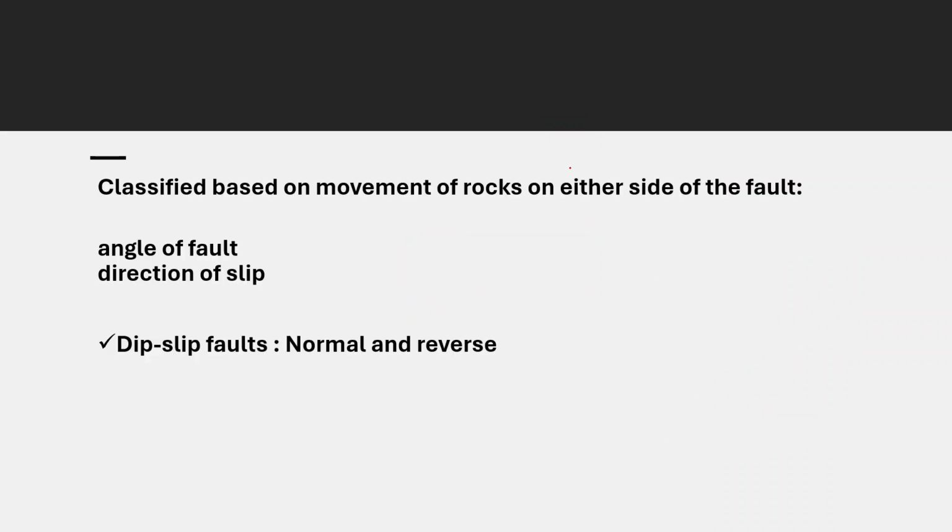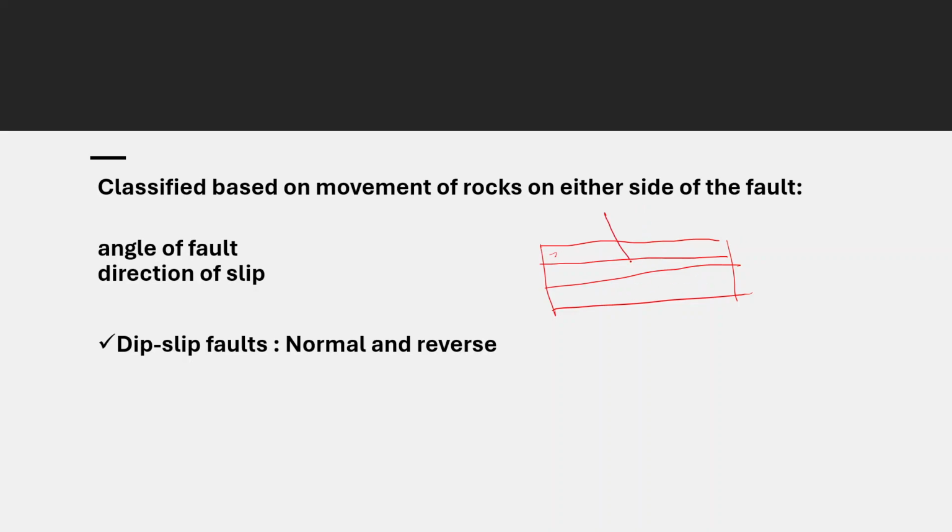Faults can be classified based on the movement of rocks on either side of the fault. I had shown an image in the previous one. If I do it diagrammatically, let's say you have a section like this, layers of sediments or whatever, standing like this.